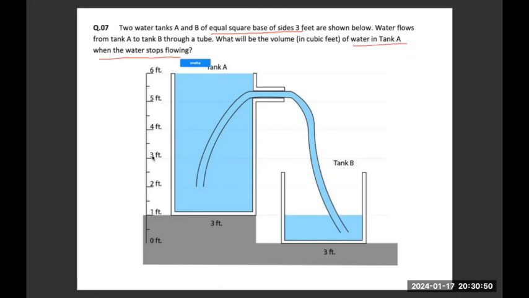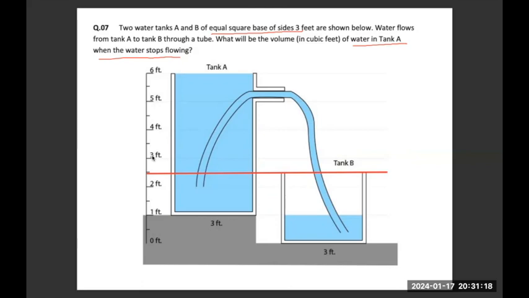Please note that the water will continuously flow until equilibrium is reached. So the water will actually overflow in tank B until we reach an equilibrium somewhere here.